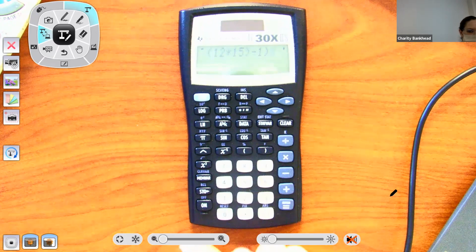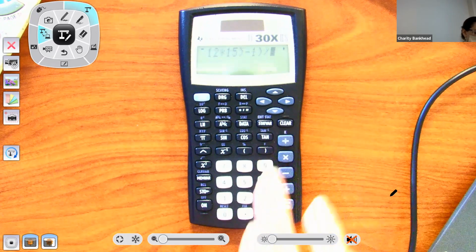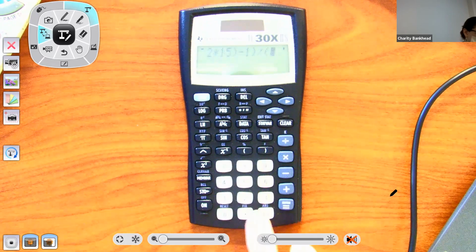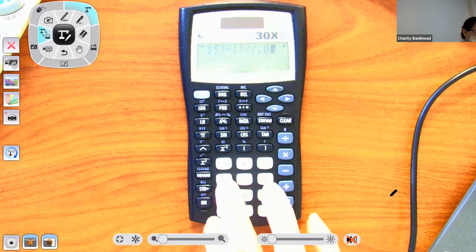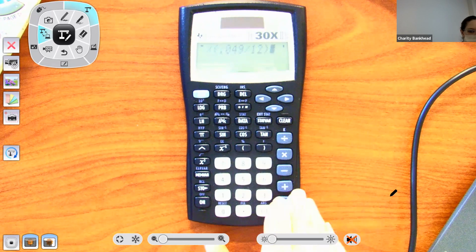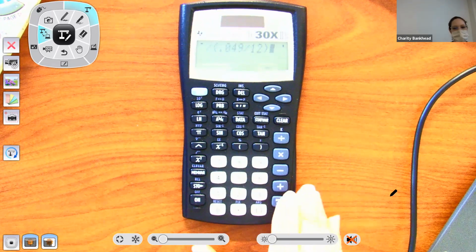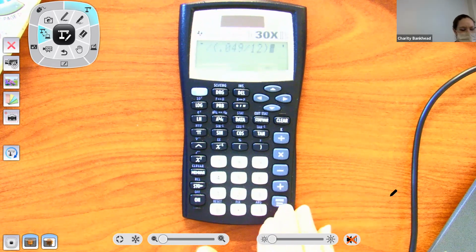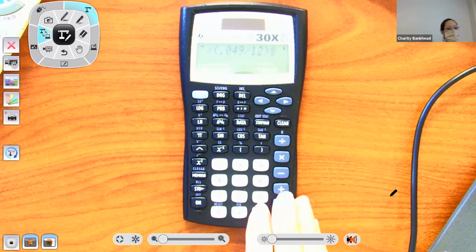Close the parentheses, divided by, open parentheses, 0.049 over 12. All right, does that look good? I don't know. I may have been doing this for a few years.